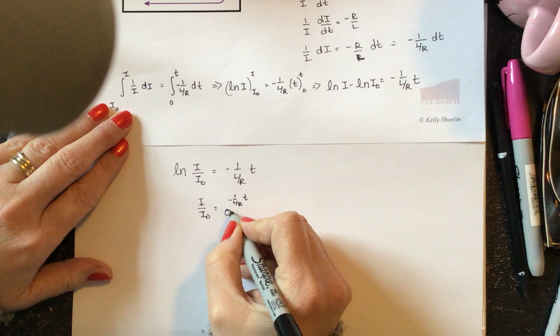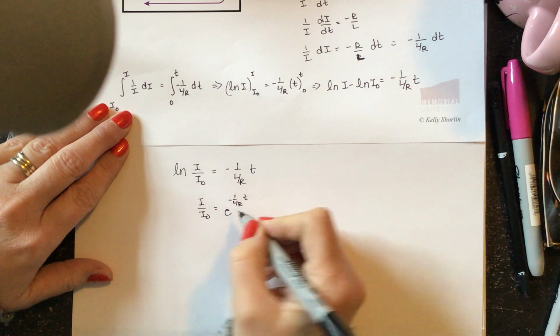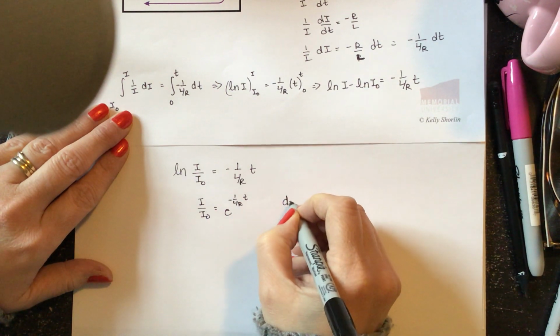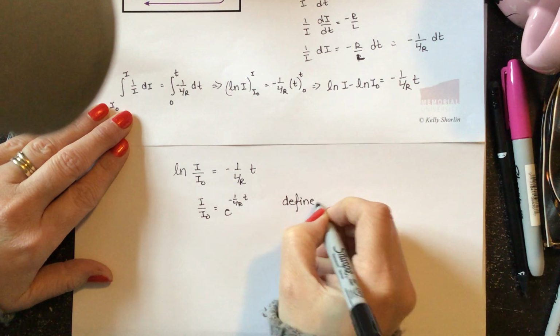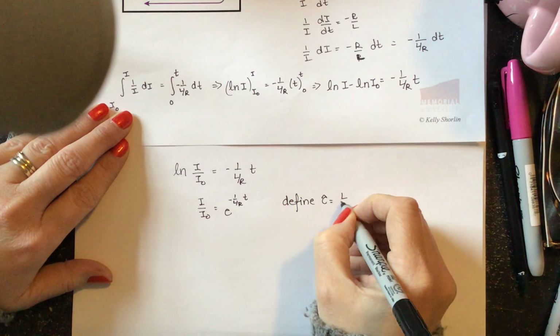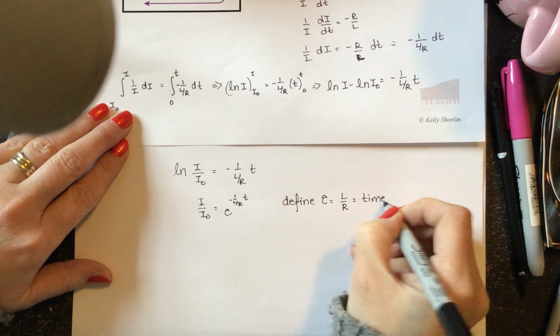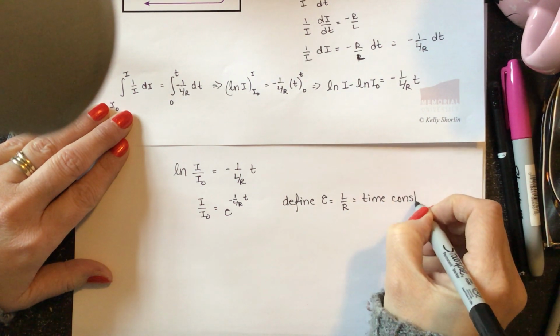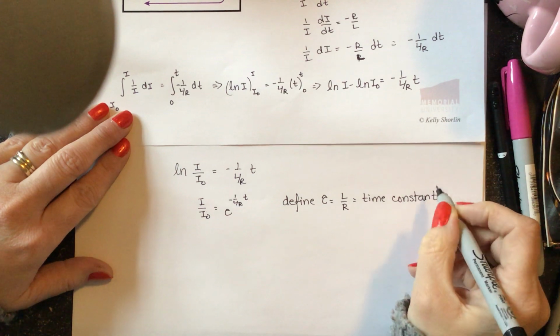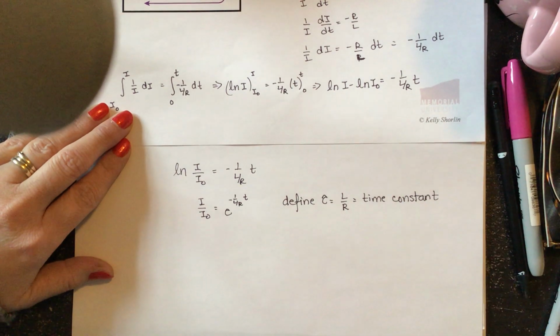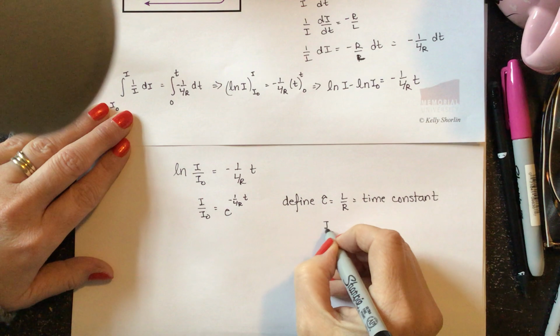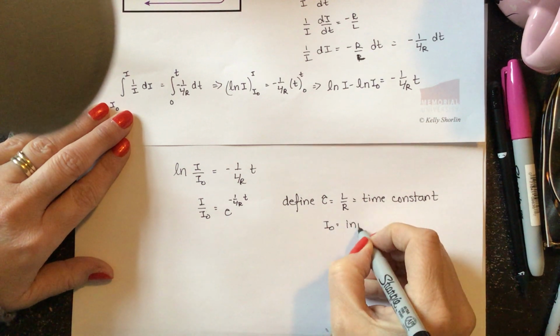Okay, this looks a little bit familiar. I'm going to define tau equals L over R as the time constant. We did this for an RC circuit as well. And I0 is our initial current.